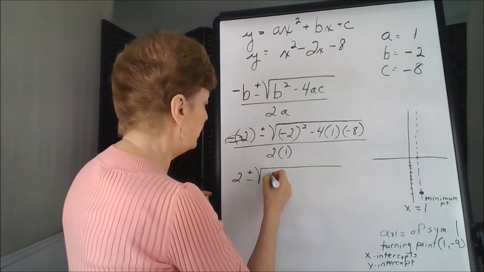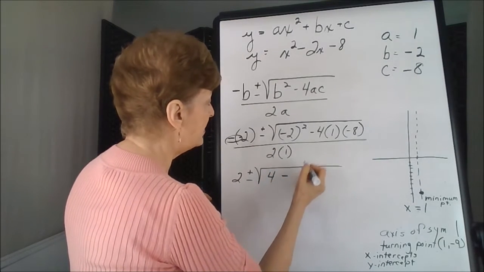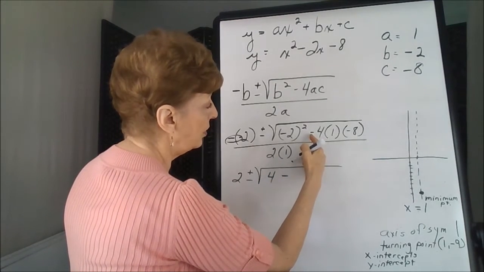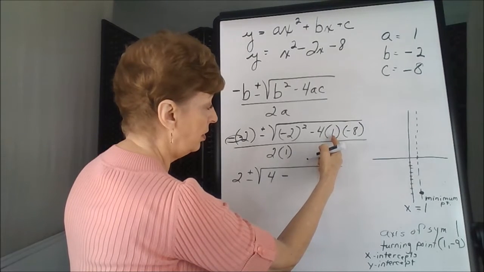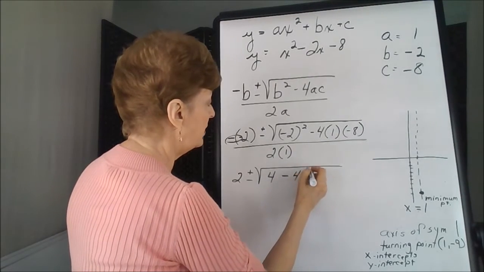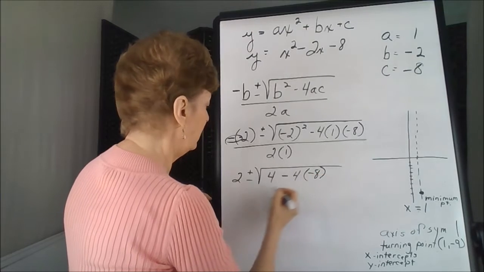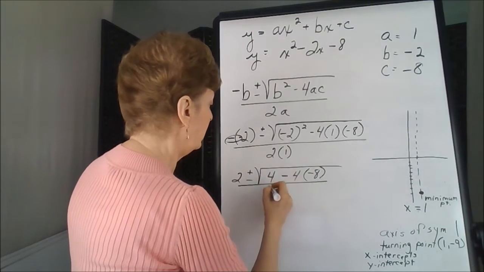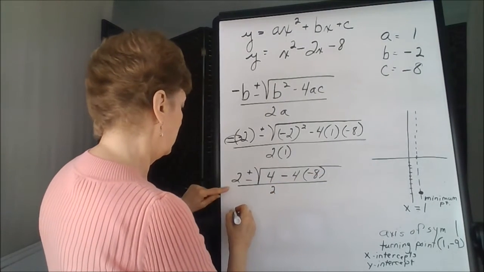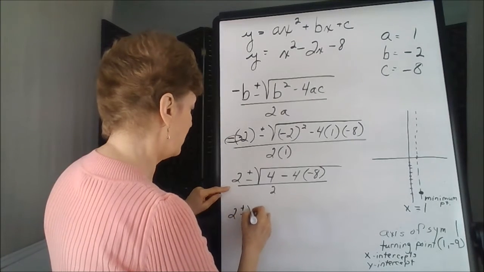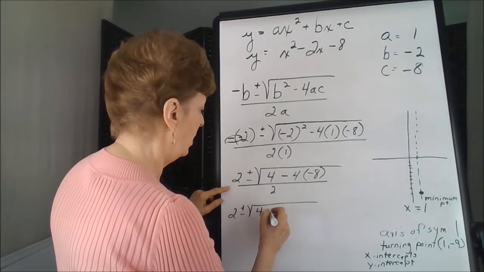-2 times -2 is 4, minus 4, -4 times 1 is -4. So we have -4 times -8 over 2. 2 plus or minus the square root of 4.